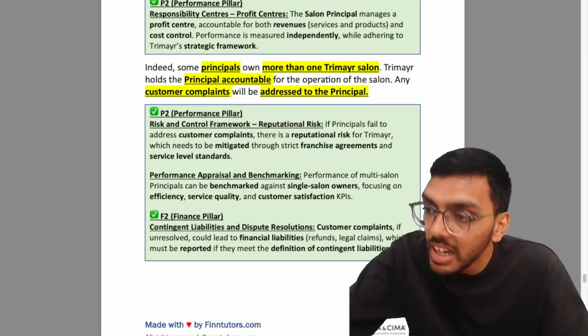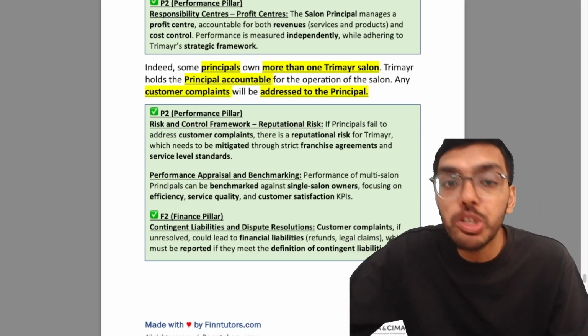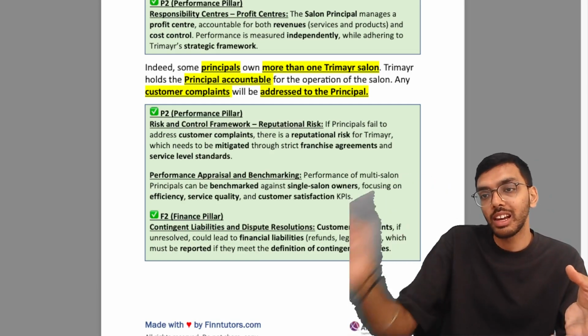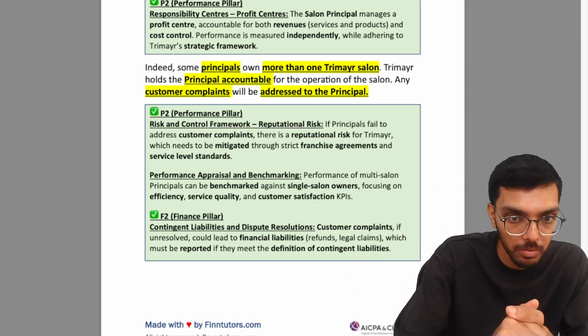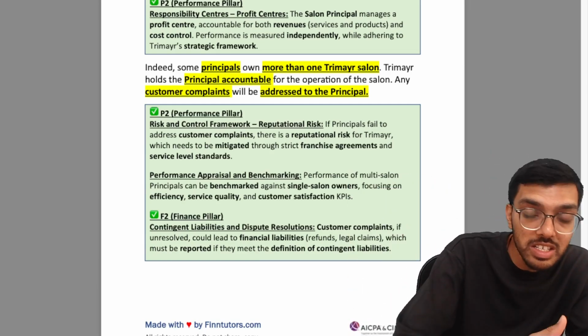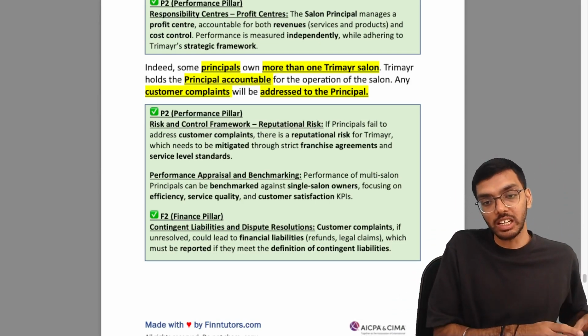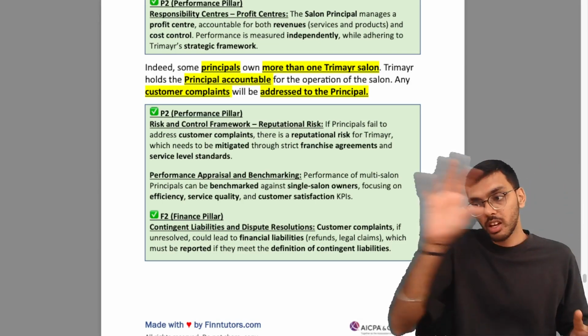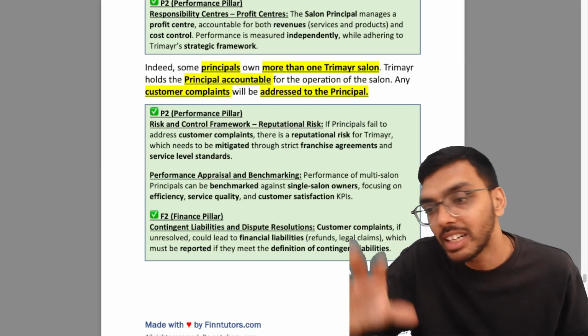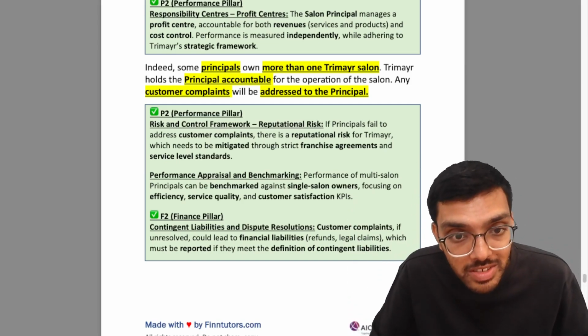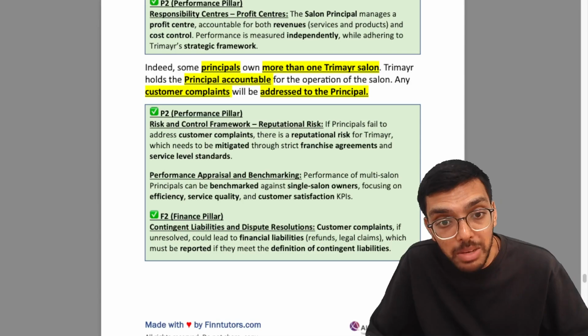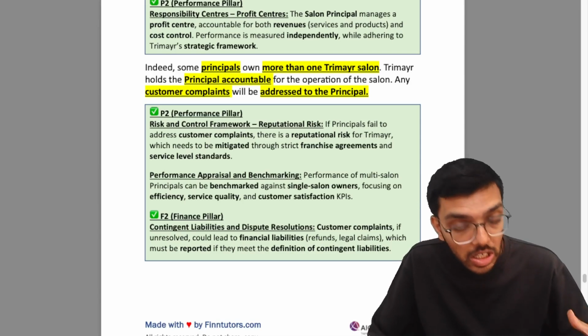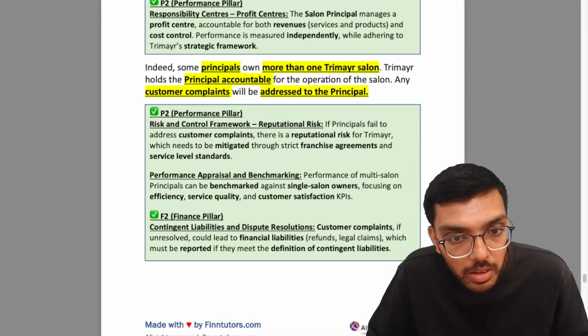Our internally owned salons can be benchmarked against, let's say, a franchise salon, so that we understand what we are doing internally, if it's working, and then imply it and tell our franchisees to follow the same. Same can be done with KPIs as well. Internal KPIs can also be benchmarked.